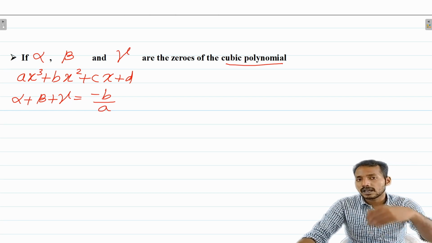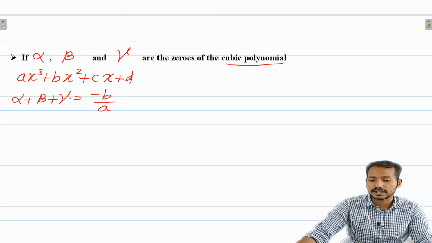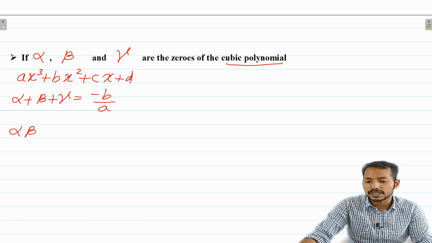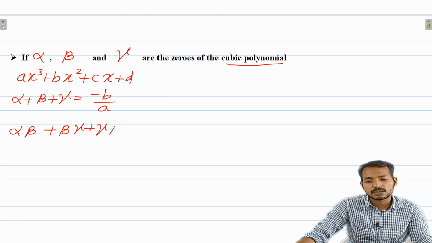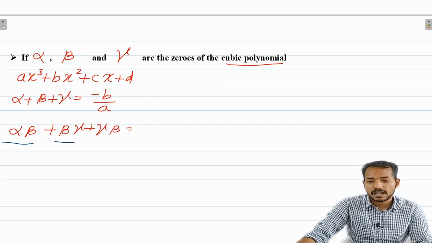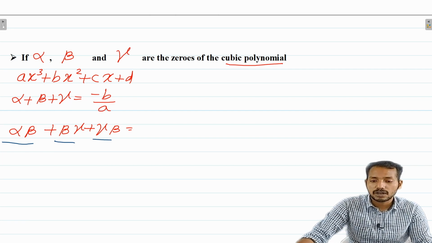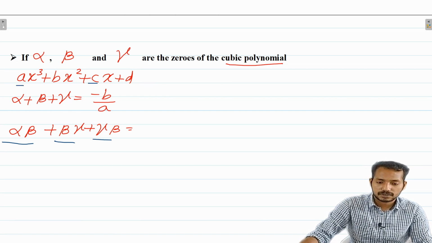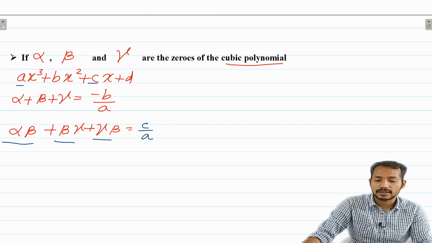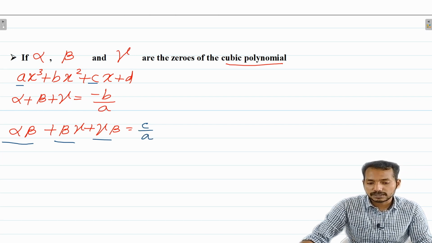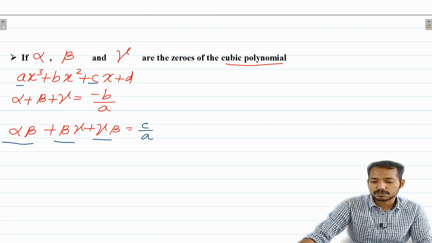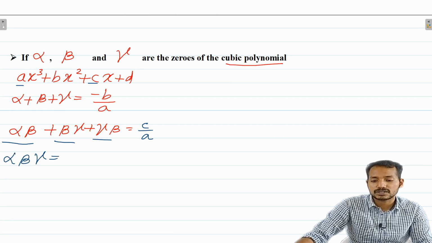The second relation is the sum of the product of 2 zeros at a time, that means alpha into beta plus beta into gamma plus gamma into alpha, finding the sum will be equal to c divided by a. And the third one is the product of all the zeros, alpha into beta into gamma, which is equal to minus d by a.